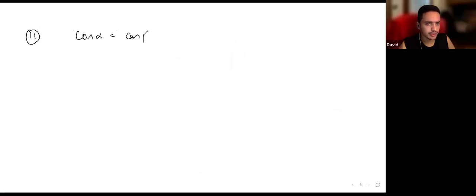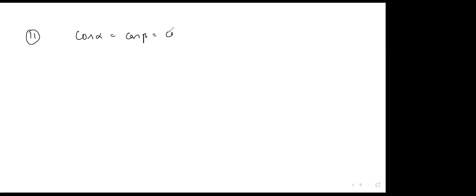It means direction cosines are equal: cos alpha equals cos beta equals cos gamma. And we know that, suppose we have l, m, n, that l square plus m square plus n square equals 1, that is cos square alpha plus cos square beta plus cos square gamma equals 1.